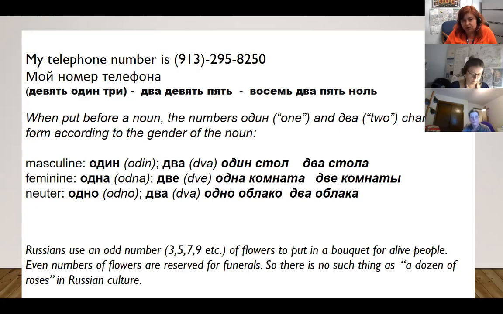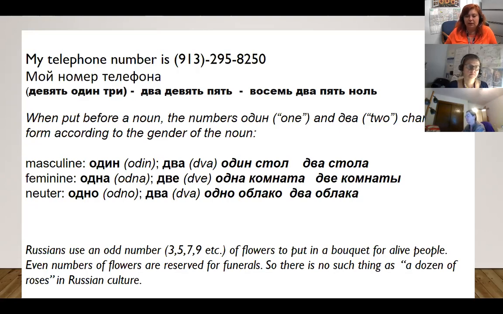Every word will be one of the 3 genders: masculine that ends in a consonant, feminine that in most cases ends in a or ya, and neuter that ends in o or ye.